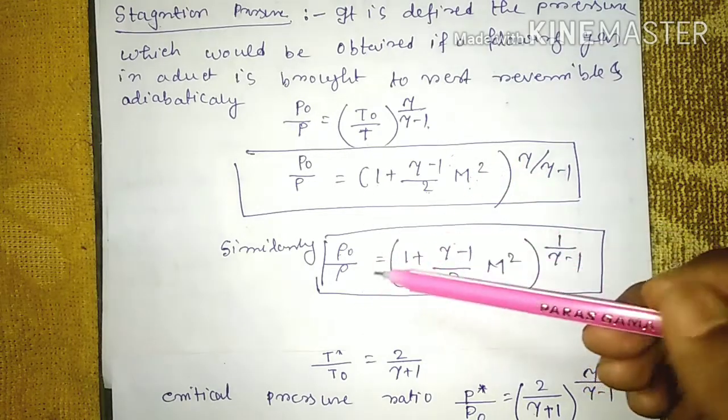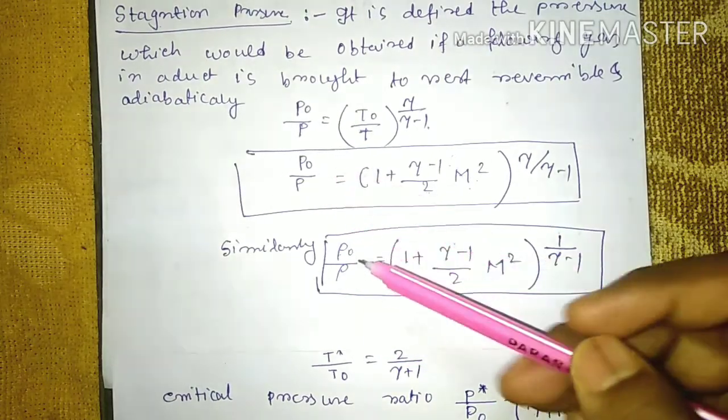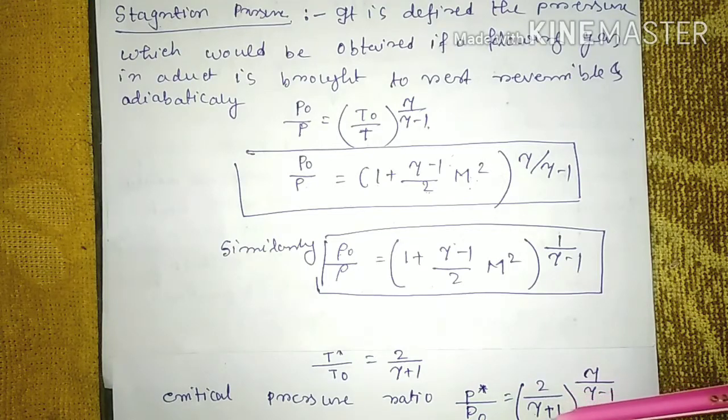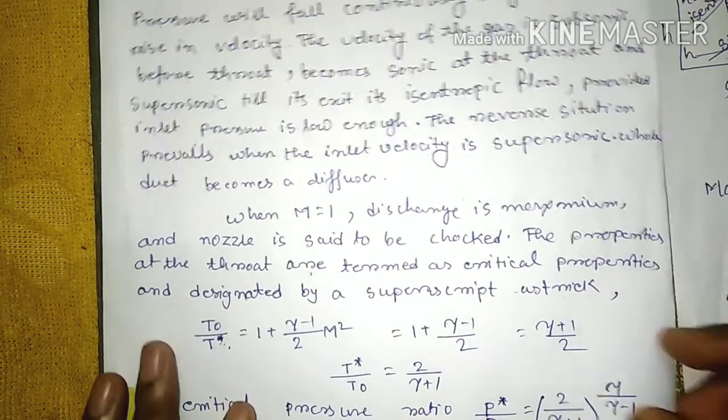If you reverse this, you get P asterisk by P0 equal to (2 divided by (gamma plus 1)) to the power gamma by (gamma minus 1).